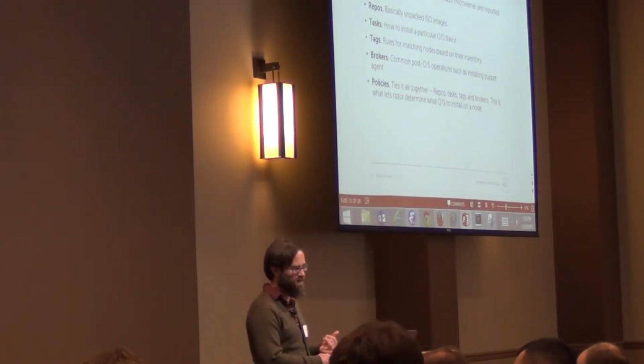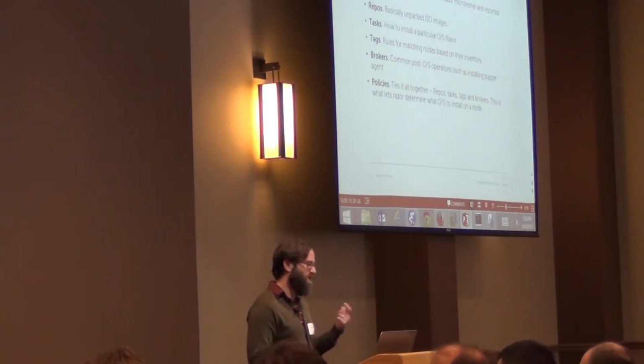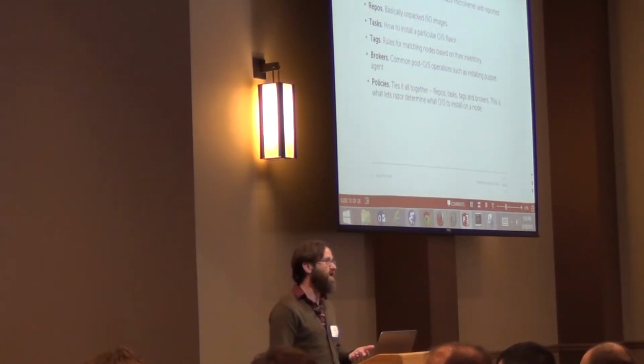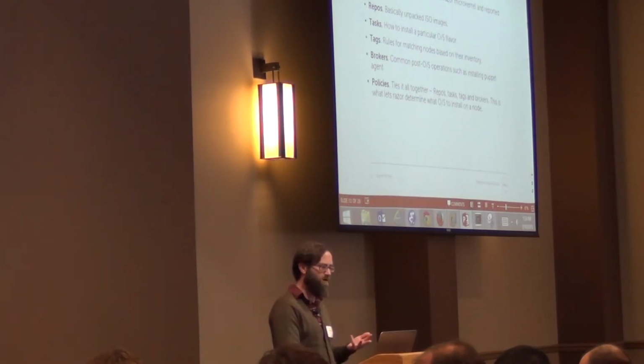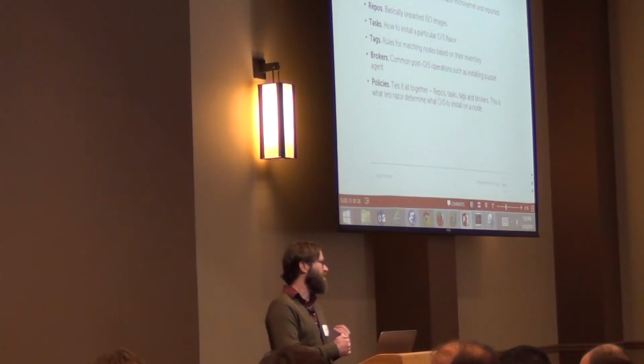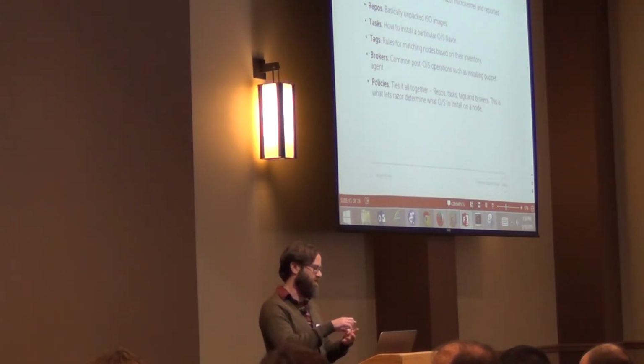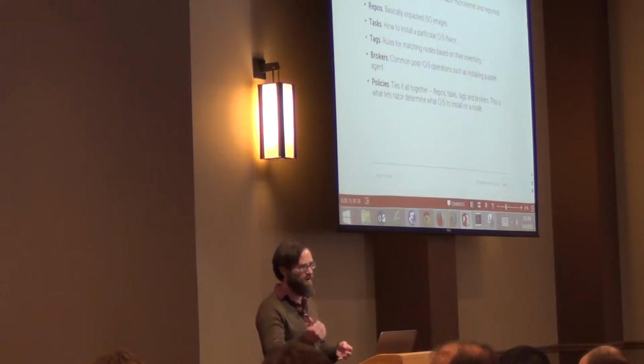And then policies is what ties it all together. To actually do an OS install, ultimately you need a policy, which will say, for this repo, and this task, and this broker, and this tag, make it go. So the tags are what actually match nodes and attach the policy to the node.